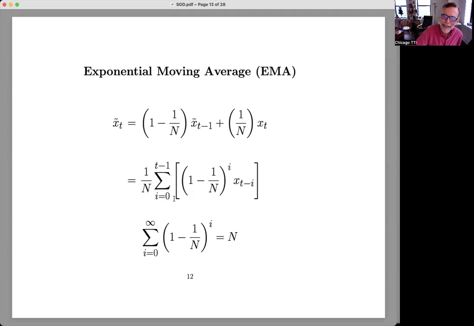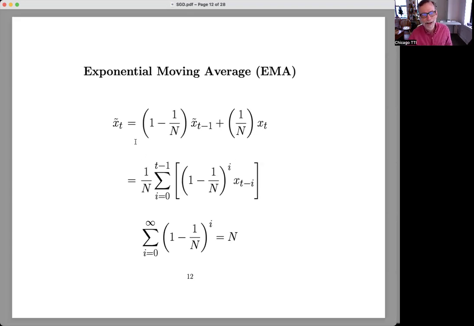I'm not going to derive this formula, but I want to emphasize this intuition that it's sort of equivalent to a rolling average at length n. So this is our exponential moving average update, right? This is defining this sequence as this moving average of the xt's.